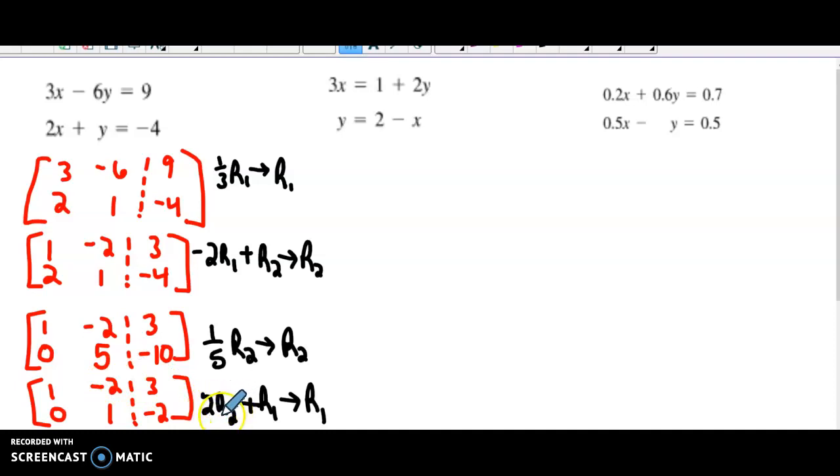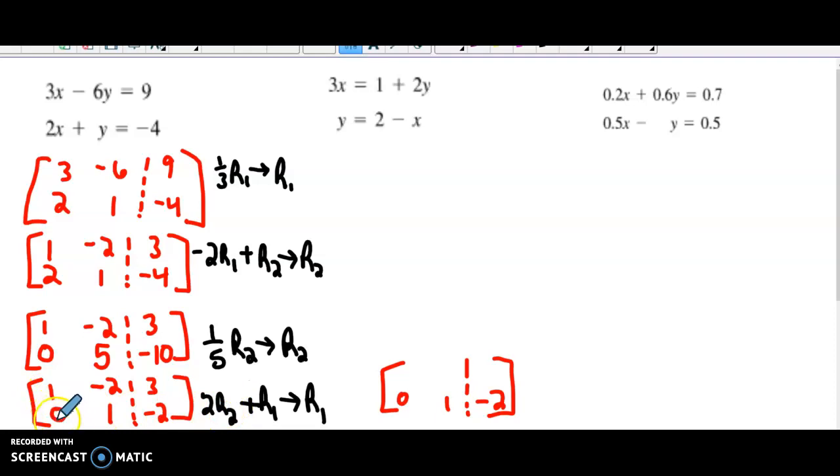So I'm taking 2 times row 2, adding it to row 1, and that will be my new row 1. Row 2 is going to stay the same because I'm getting a new row 1.